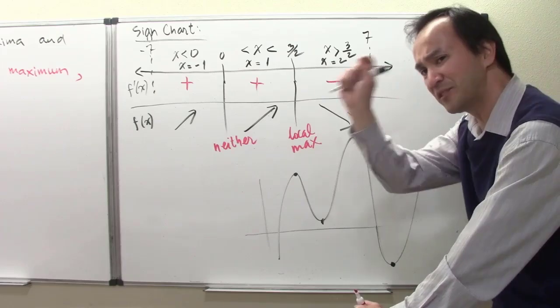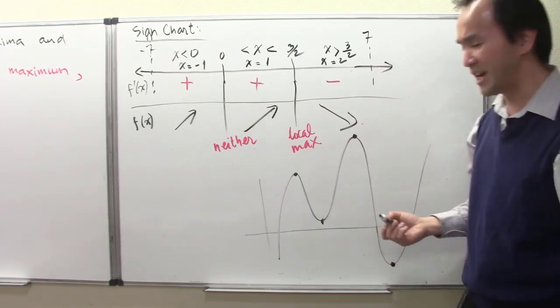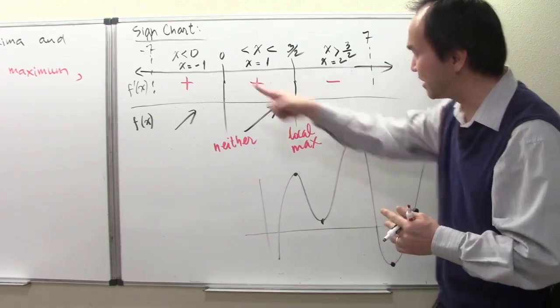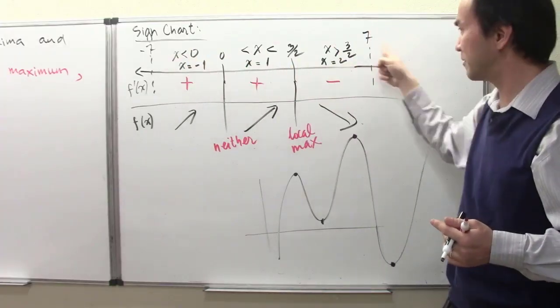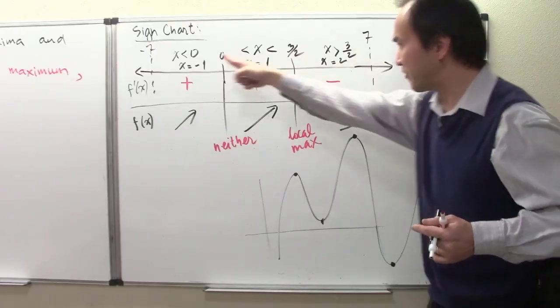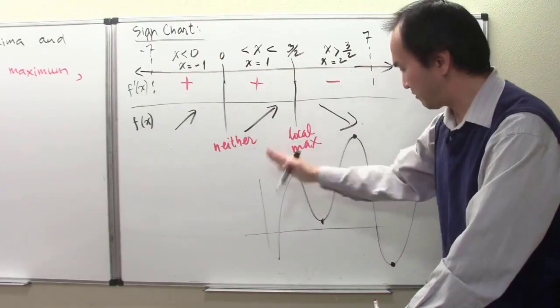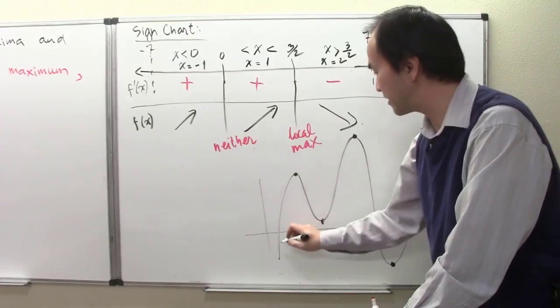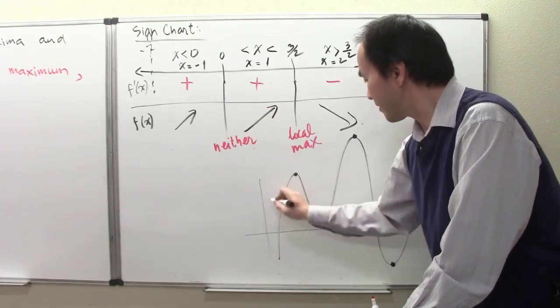Okay? But now in this philosophy that I was describing, the problem came with an interval of restriction. Our function comes with an interval of restriction from -7 to 7. So think about it. I didn't put that in my graph right here, but the idea is there's an interval of restriction.